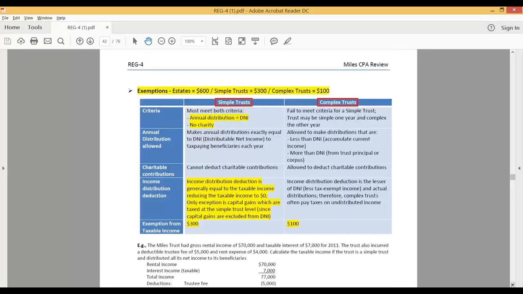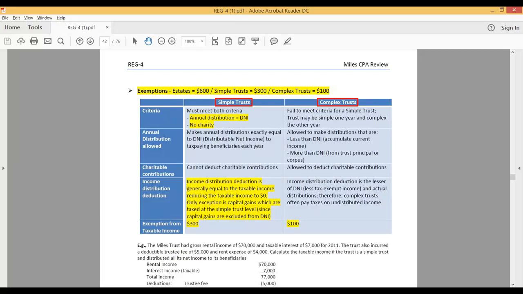Again, differences between simple and complex trust, as I mentioned. In a simple trust, your annual distribution is equal to your distributable net income. You don't get any charity. The income distribution deduction is generally equal to taxable income, reducing the taxable income to 0, right? And why would taxable income be 0?